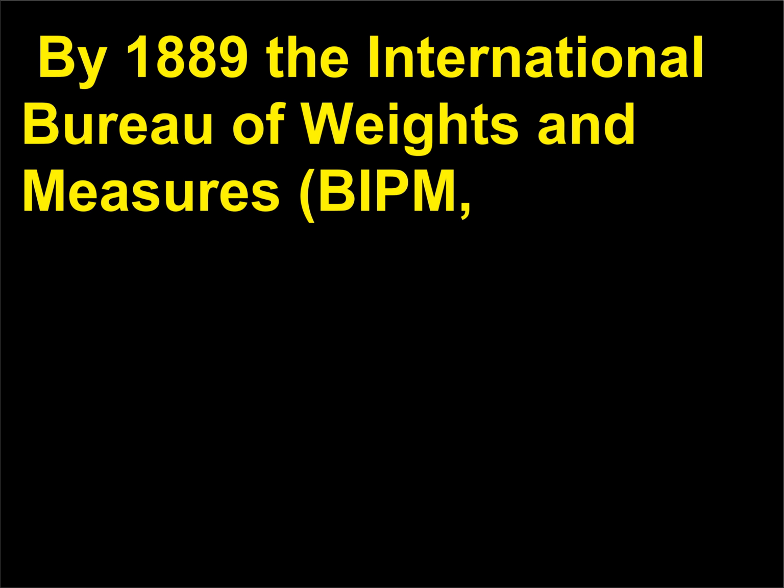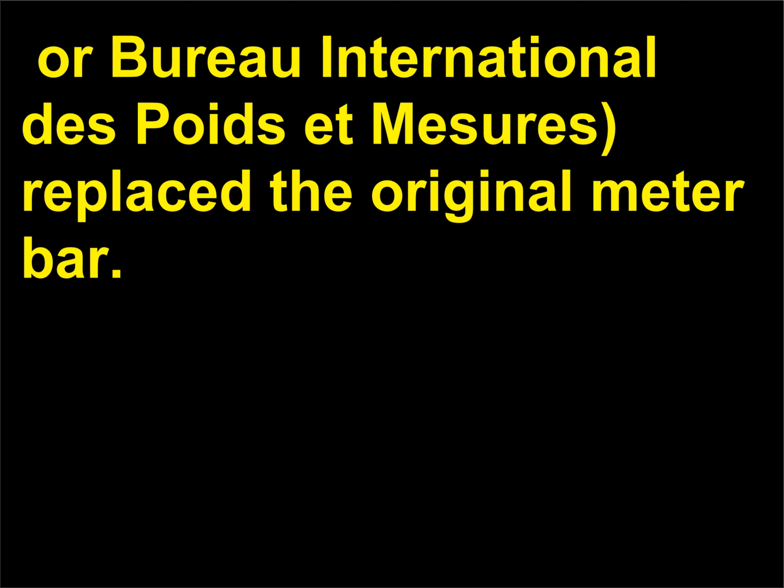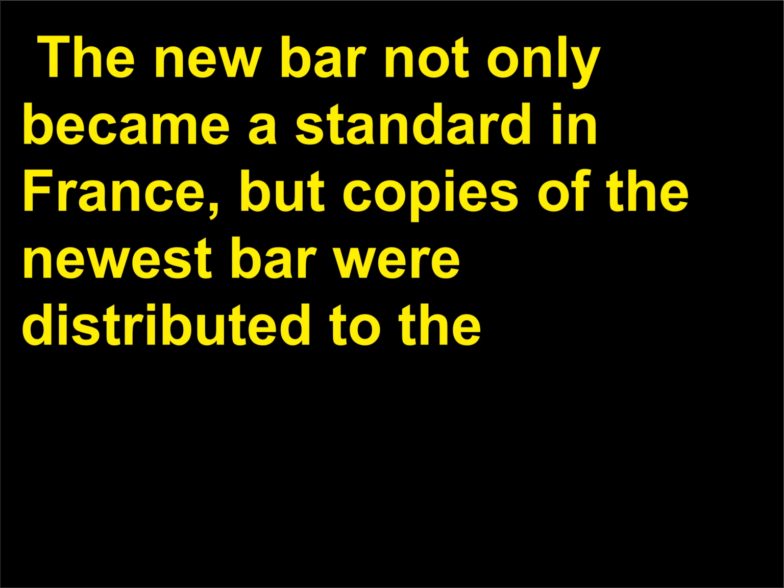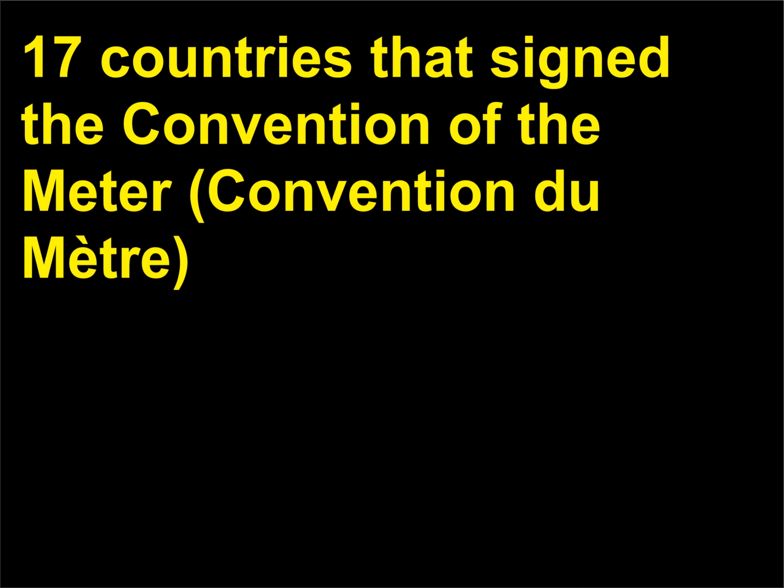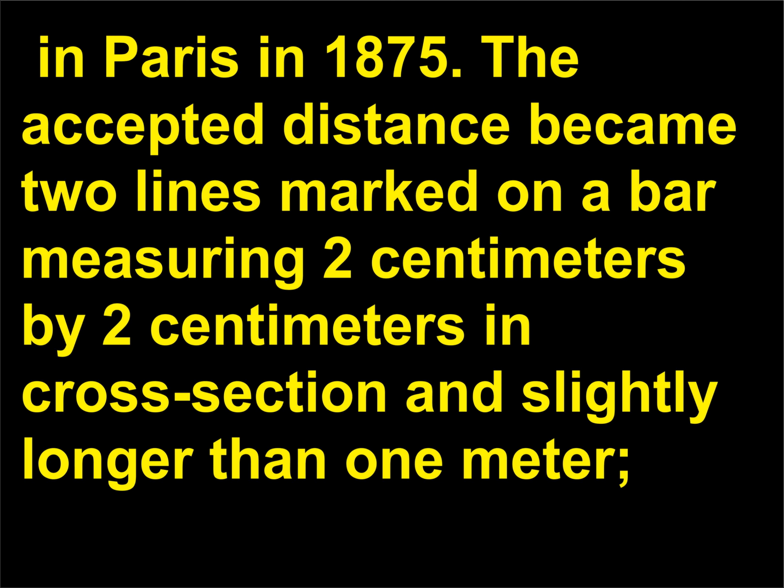By 1889 the International Bureau of Weights and Measures, BIPM, or Bureau International des Poids et Mesures, replaced the original meter bar. The new bar not only became a standard in France, but copies of the newest bar were distributed to the 17 countries that signed the Convention of the Meter, Convention du Mètre, in Paris in 1875.